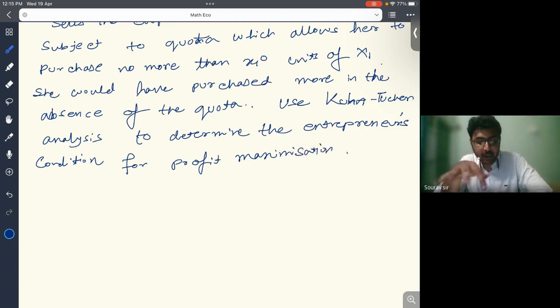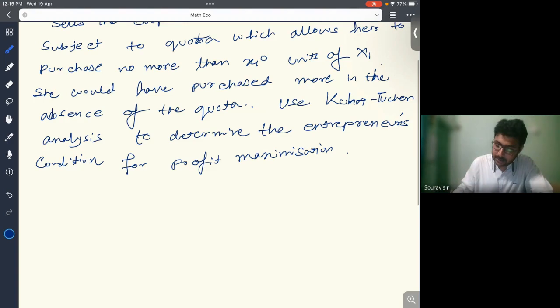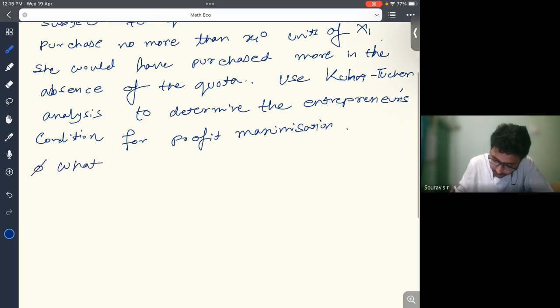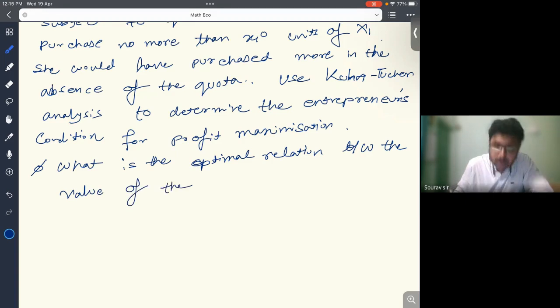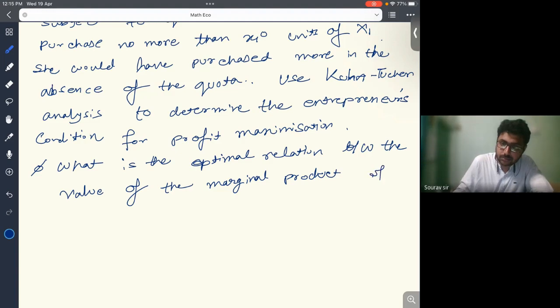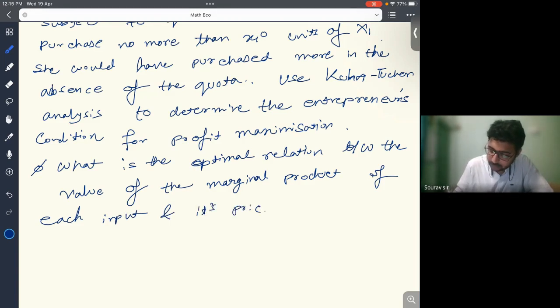Now, the second question is: what is the optimal relation between the value of the marginal product of each input and its price?